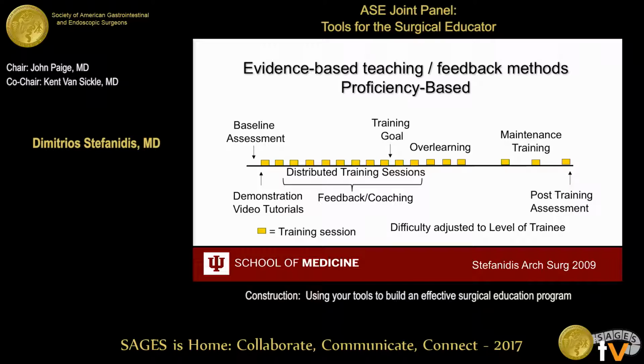And then you need to provide them with some training goals that goes along the lines of proficiency-based training, and give them the opportunity to practice and train in a distributed fashion. You need to provide appropriate feedback and coach them through this process. Some opportunities to overlearn.